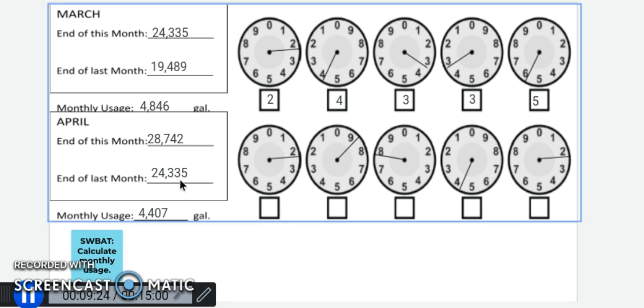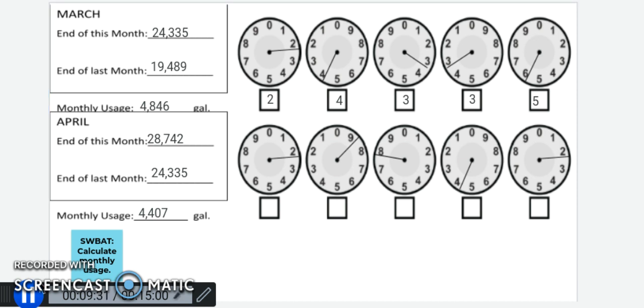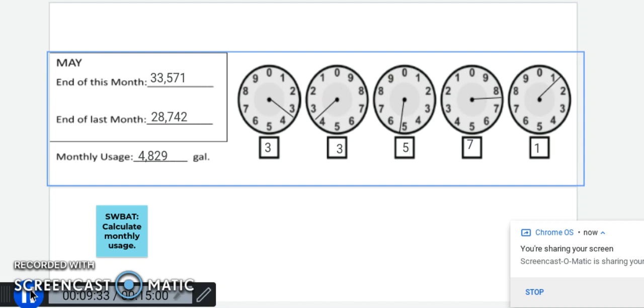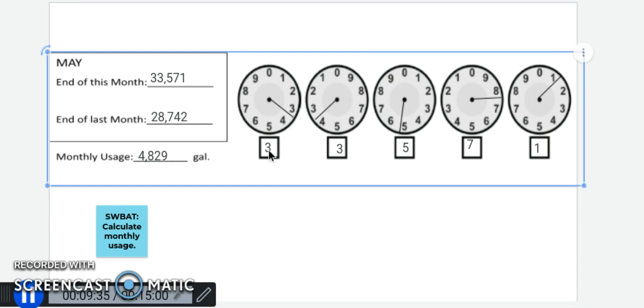And we said per gallon it's 5 cents. So we want to multiply that. 2,433 times 0.05. And that is going to give us, and this is in dollars, $121.65. So the amount due on our bill is going to be $121.65.